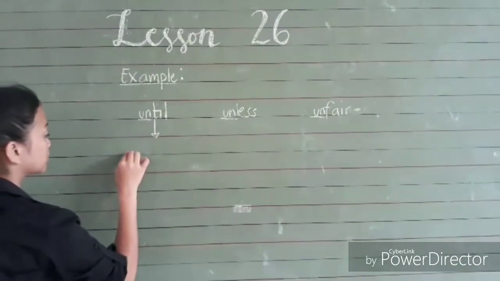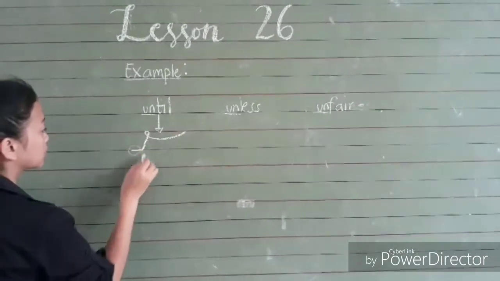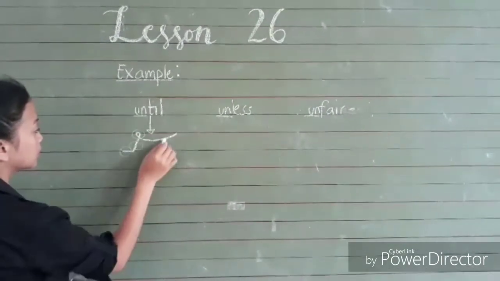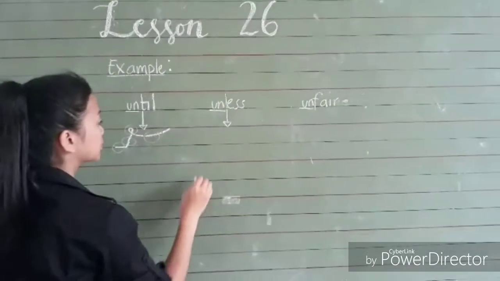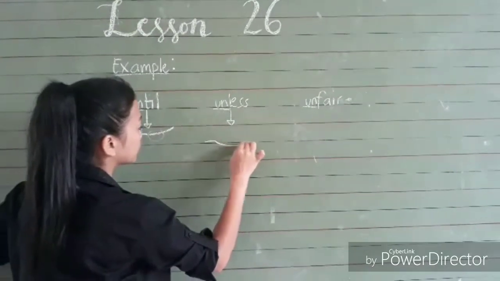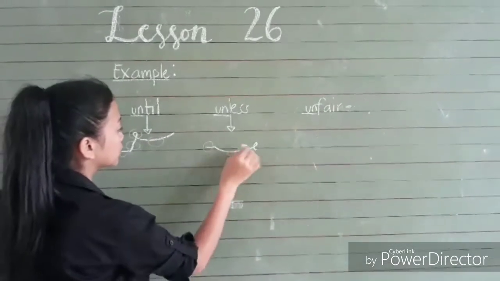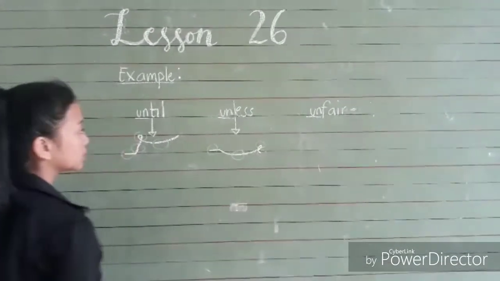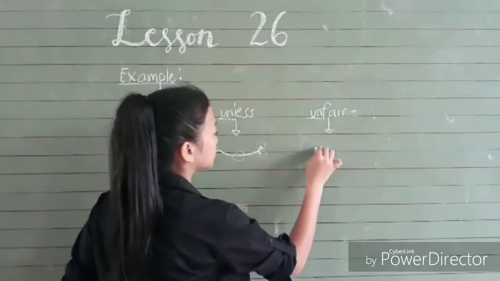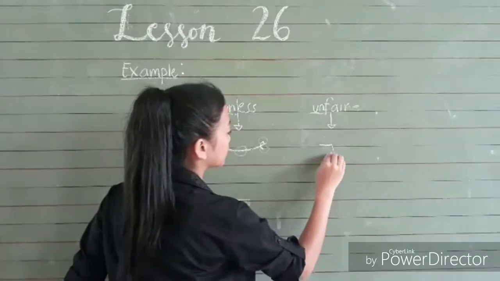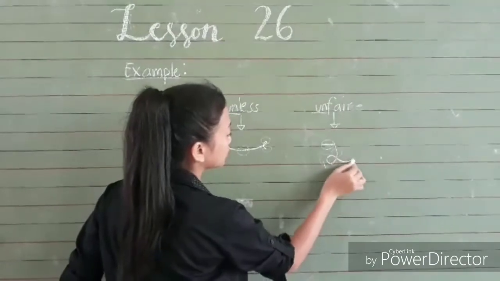Until is written as, which is represented by N, T, E, and L. However, unless is written in shorthand like this, which is represented by N, L, E, and S. And last word is unfair, which is represented by N, F, A, and R.